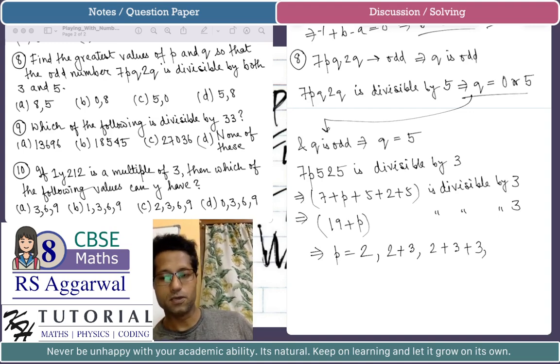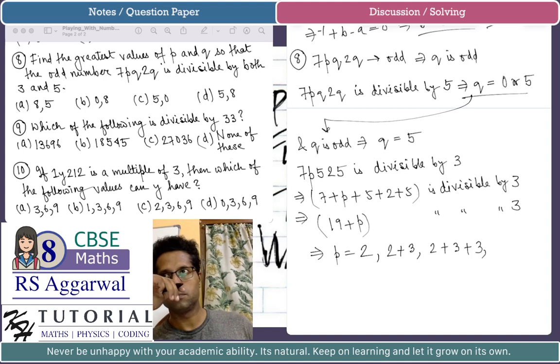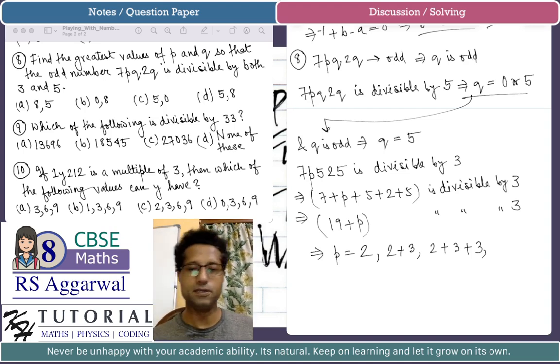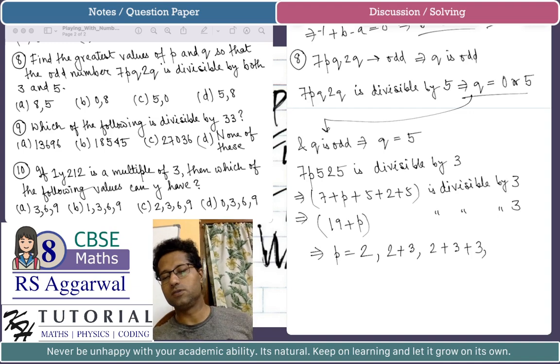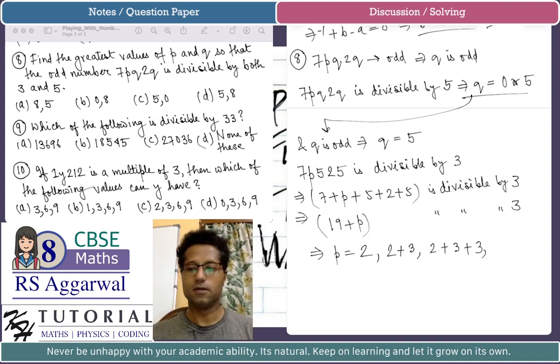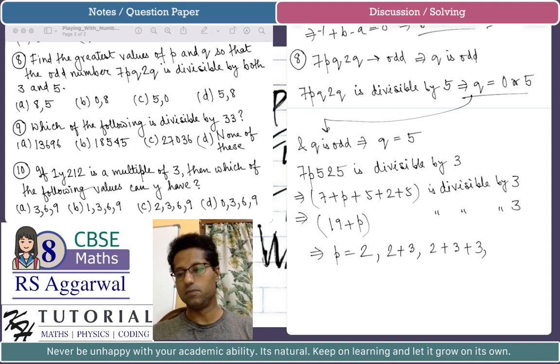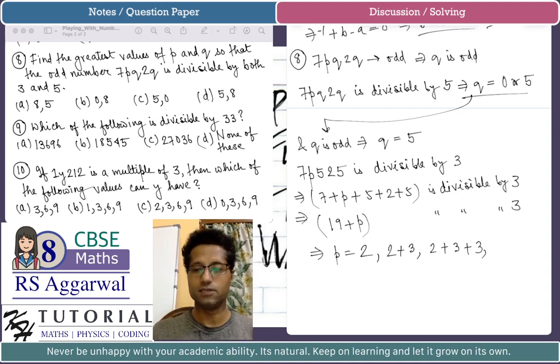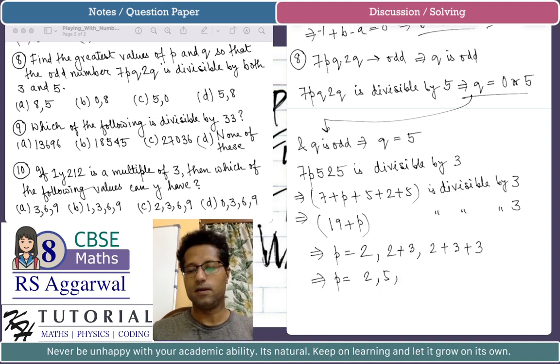Can we have 2 plus 3 plus 3 plus 3? No, p is a digit. It can have values from 0 to 9. So we cannot have 2 plus 3 plus 3 plus 3, because that will exceed 9. So we can see that p can have values 2, 5 and 8.